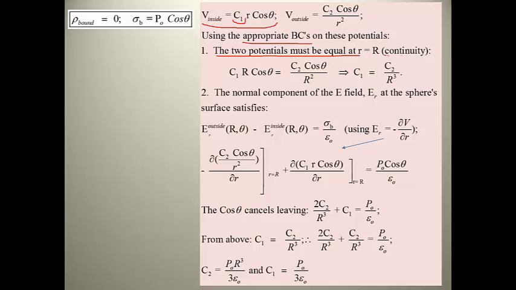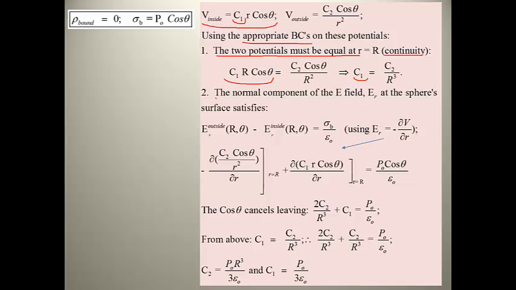In other words, there's continuity in the potential. So at r equals capital R, we would have the inside potential equaling the outside. We've replaced little r with capital R, and we can use that to get one of the constants in terms of the other constant. And if we do the algebra, C1 equals C2 over R cubed.